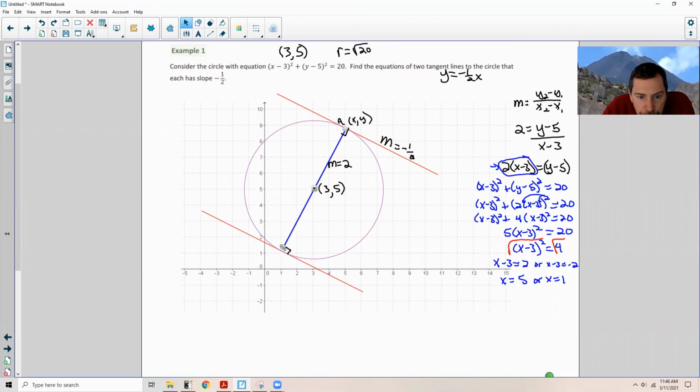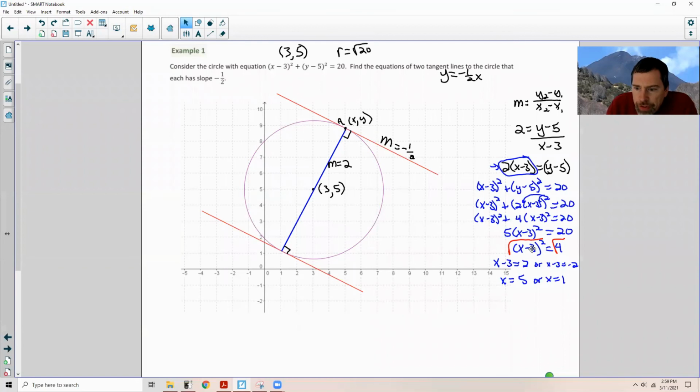So if I now move this to 1, it's going to end up right there. I will look at that in a moment, but we might have to adjust. Let me just move this since I moved the line. Okay, so there's the point 1 comma something and the point 5 comma something. So now we just need to find our y's.